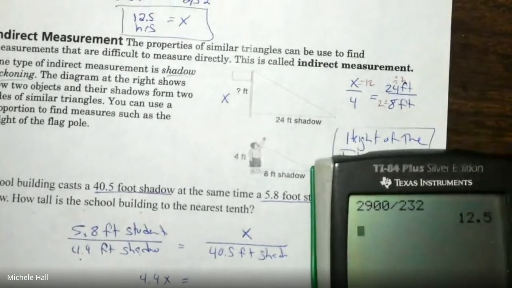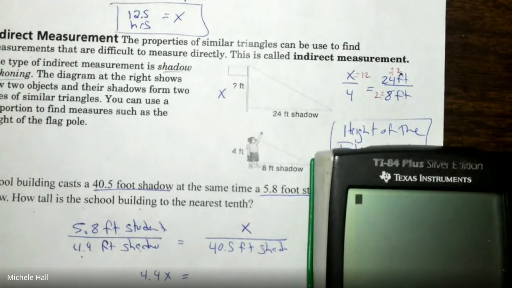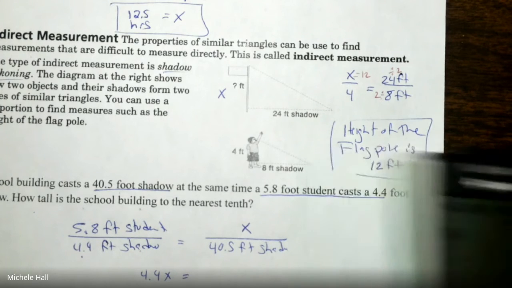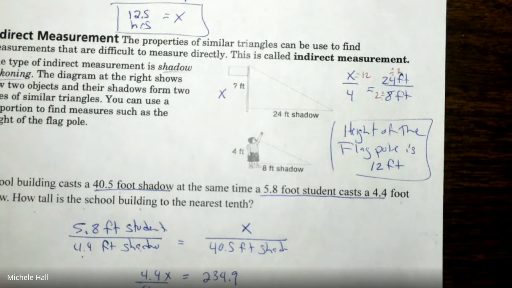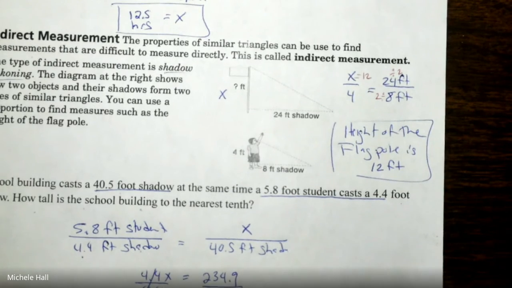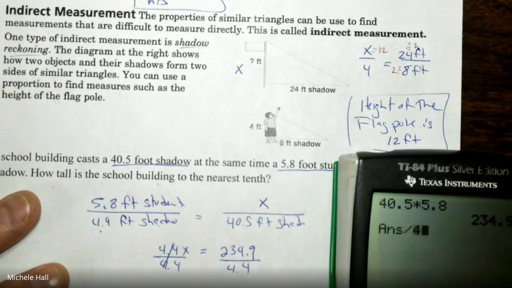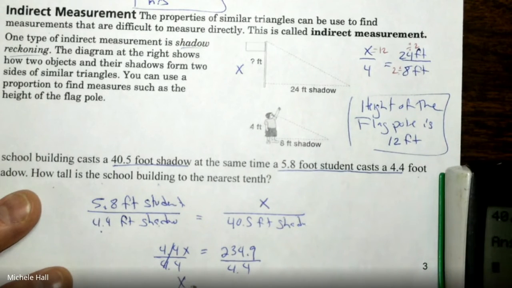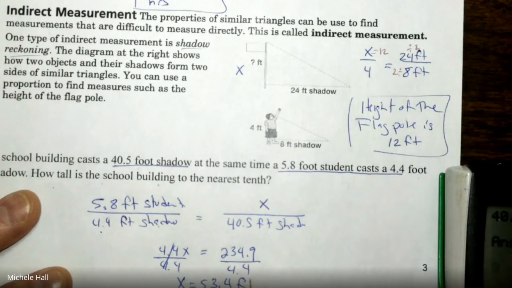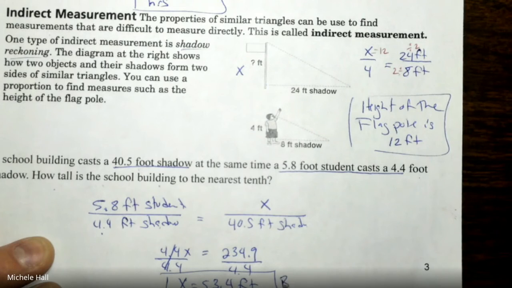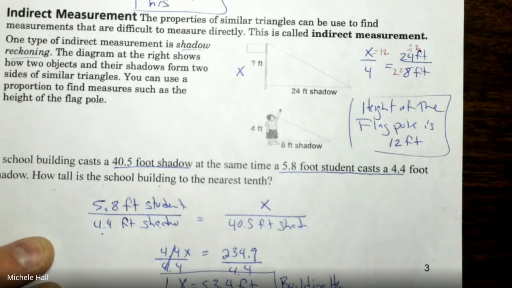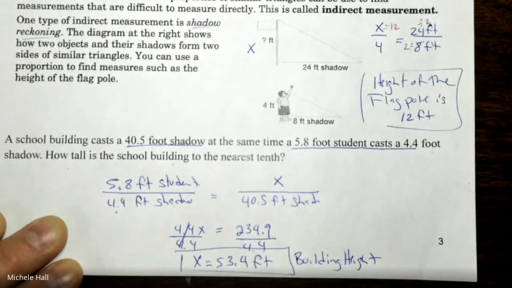Using our calculator, we have 40.5 times 5.8, 234.9, and then x is being multiplied by 4.4, so we're going to divide by 4.4, and we get 53.4 feet, and that is the building height. Building height is 53.4 feet.